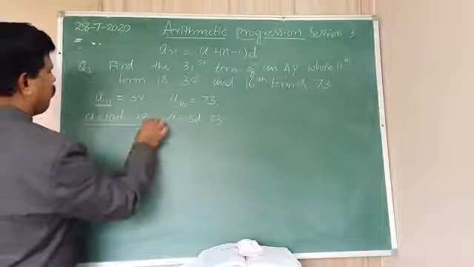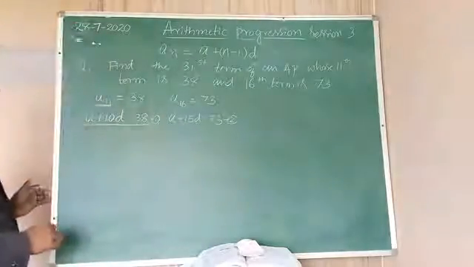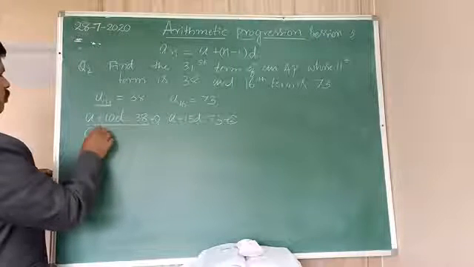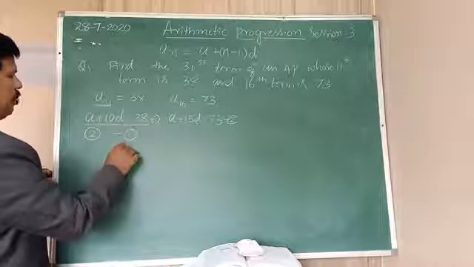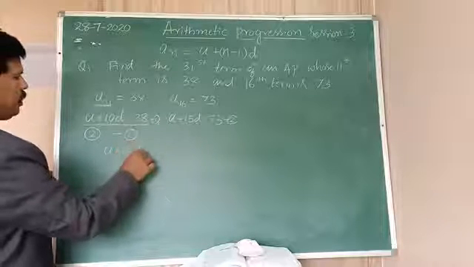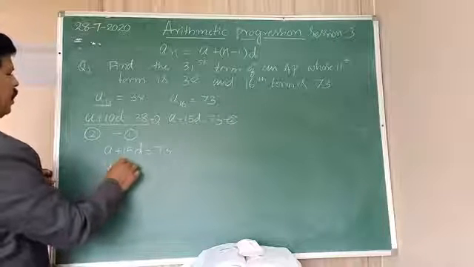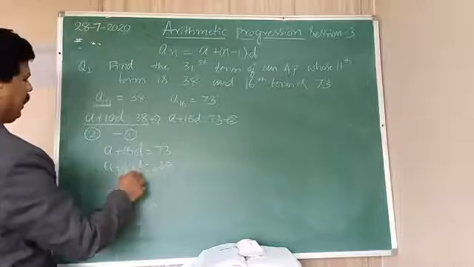Now this is one equation and this is the second equation. Now subtract 1 from 2. That means A plus 15D equals 73 and A plus 10D equals 38.